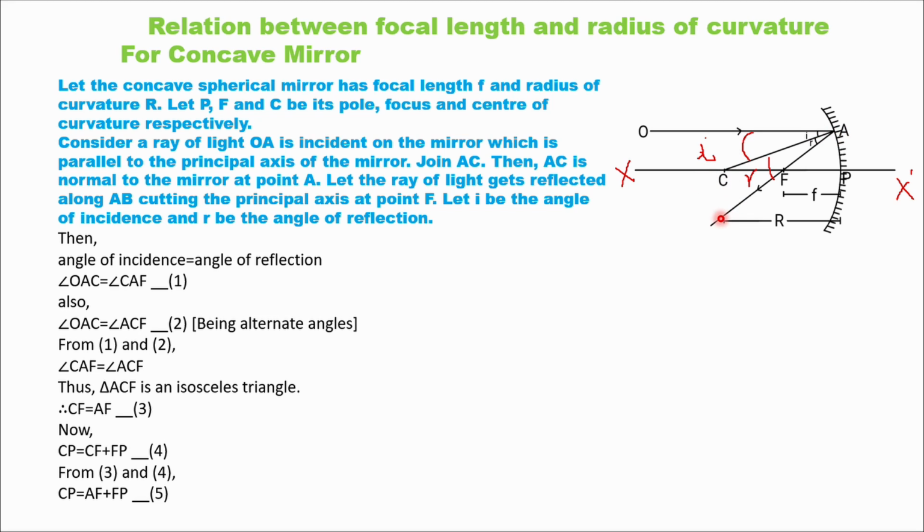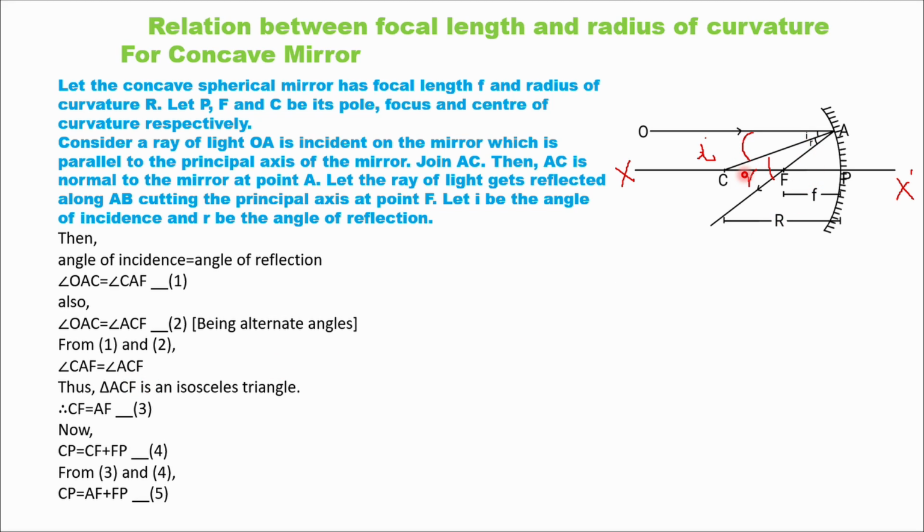OAC, and R is CAF. So now also OAC is equal to ACF, being alternate angles. So CAF is equal to ACF, this and this.